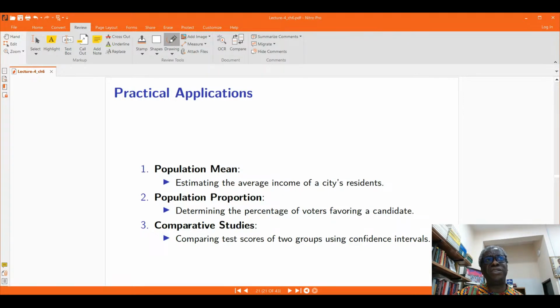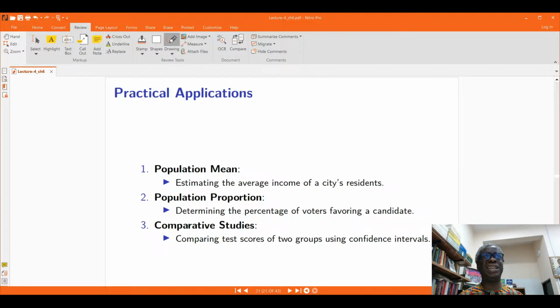I can ask you, for instance, what is the average age of a graduate at the University of Ibadan? What is the average age of households in your city? What is the average income of households in your community?